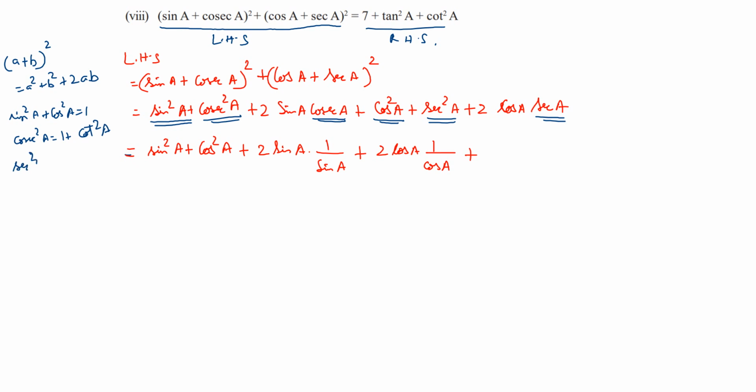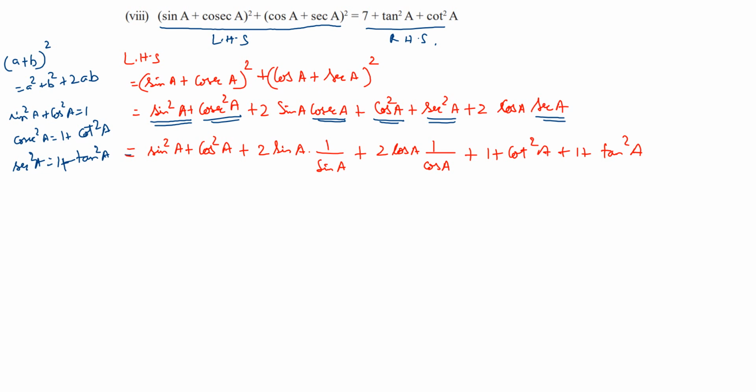Secant square a is equal to 1 plus tan square a. Yeah, I am replacing cosecant square a with 1 plus cot square a, and I am replacing secant square a with 1 plus tan square a.